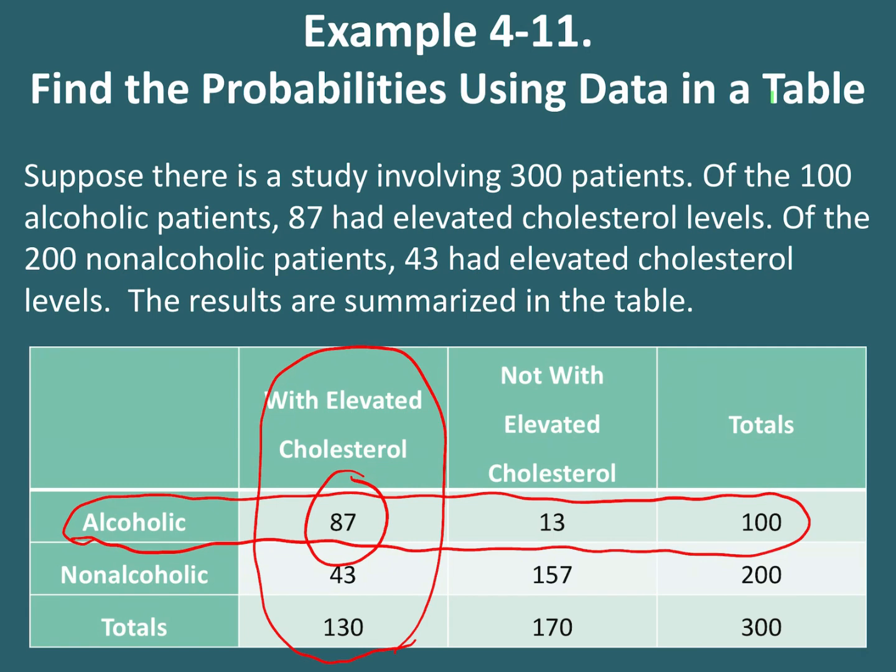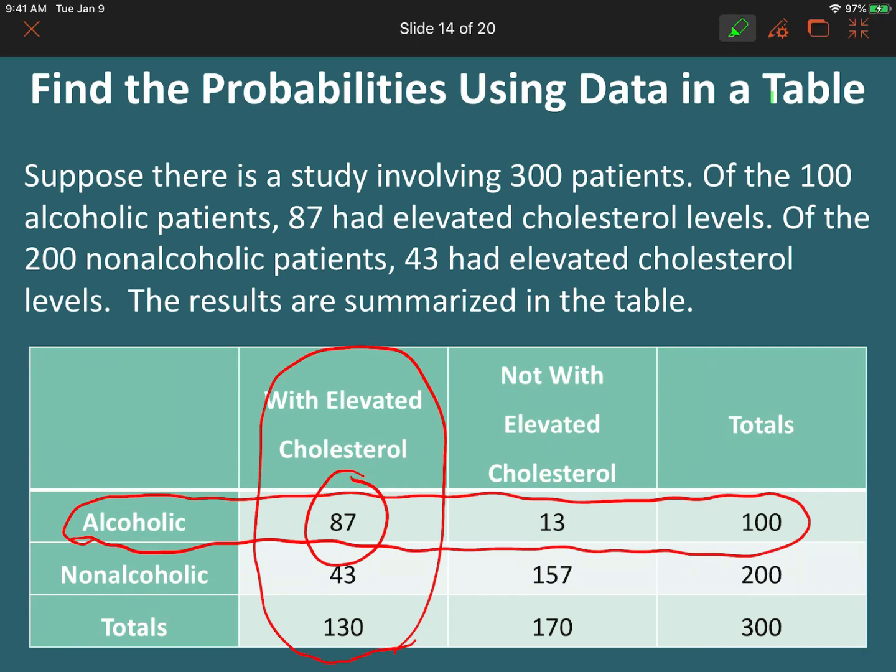So as I solve this problem, please notice which numbers I use, and perhaps even more importantly, which numbers I do not use to solve this problem. I'll go ahead and highlight the numbers I refer to, including the 300 here. Again, please pay close attention to which numbers are used and which numbers are not used.